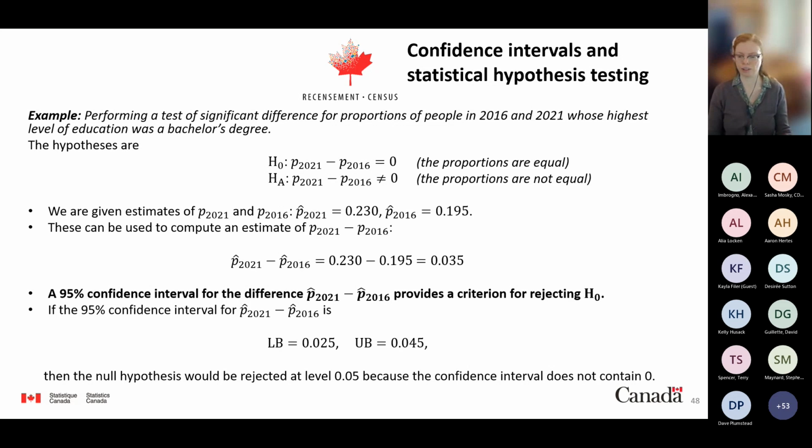So since 0 is smaller than 0.025, it's not in the confidence interval. And this means we can reject the null hypothesis at level 0.05. So that is, we reject the hypothesis that the proportion of people in 2021 whose highest level of education is a bachelor's degree is equal to the proportion in 2016.